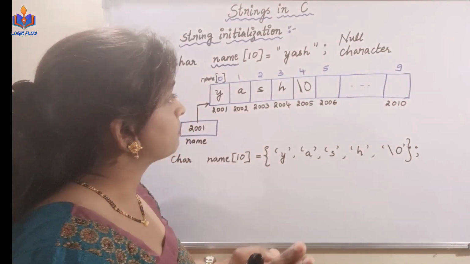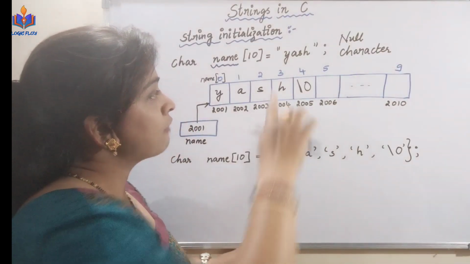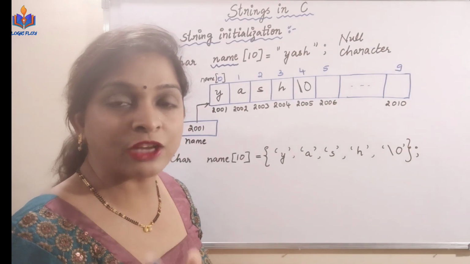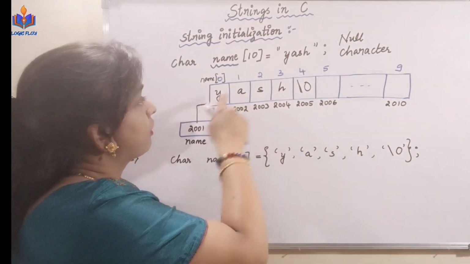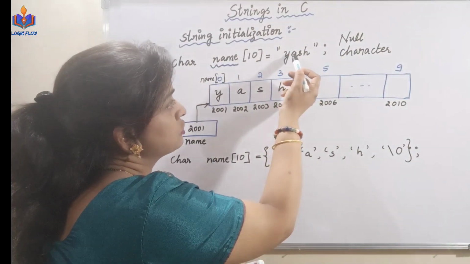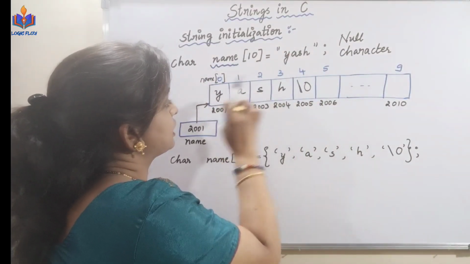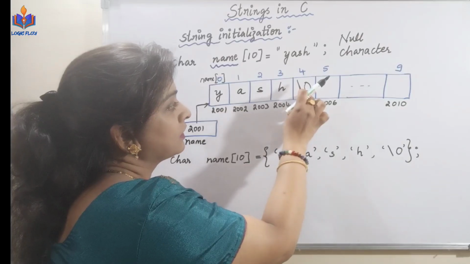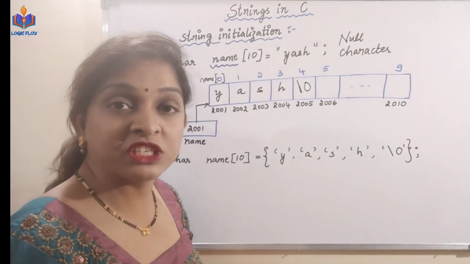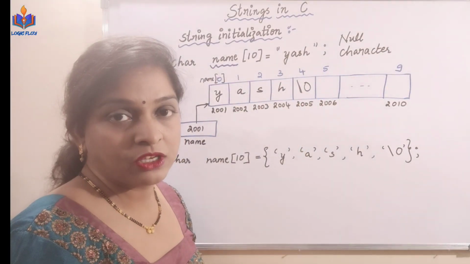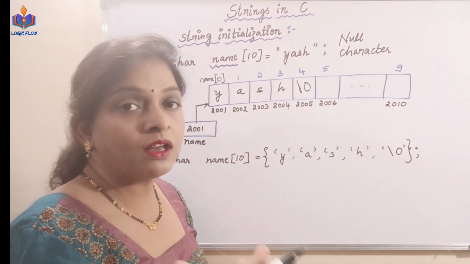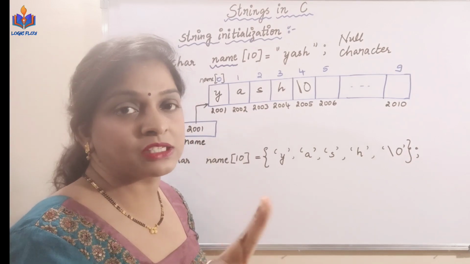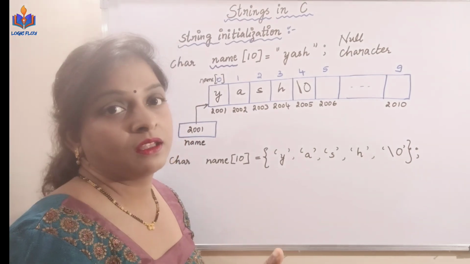So here, when you have 4 characters stored, it is actually consuming 5 bytes. How many characters do we have? 1, 2, 3, 4, YASH, and the last one is the null character, which indicates the end of the string. So when I initialize the string, the total number of characters plus 1 extra character, the null character, will be stored.